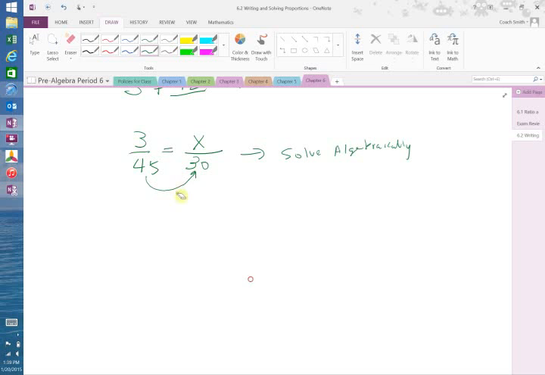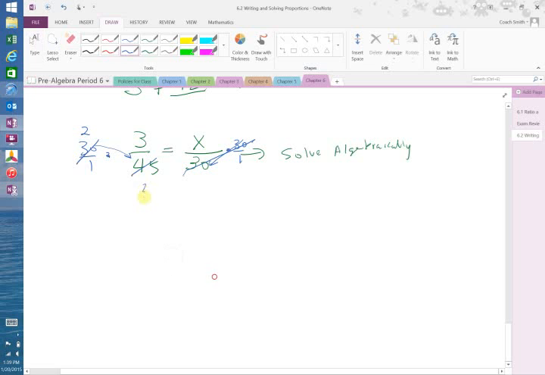So to solve it algebraically, we've got to take and multiply both sides by 30 over 1. Okay? This cancels. Make it 30 over 1. And so that gives me, I can cancel here. 15 goes into that twice. 15 goes into that how many times? 3 times.